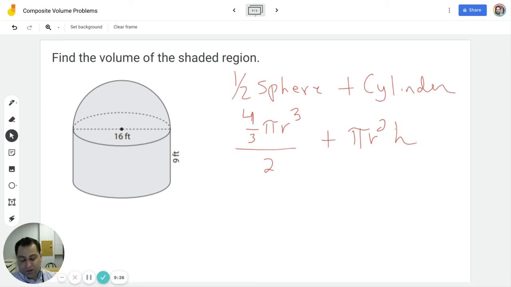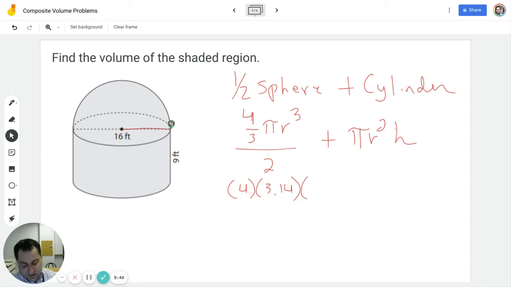Let's plug some numbers in here. So first things first, I have 4 times 3.14 times the radius. So the radius is, again, only half.